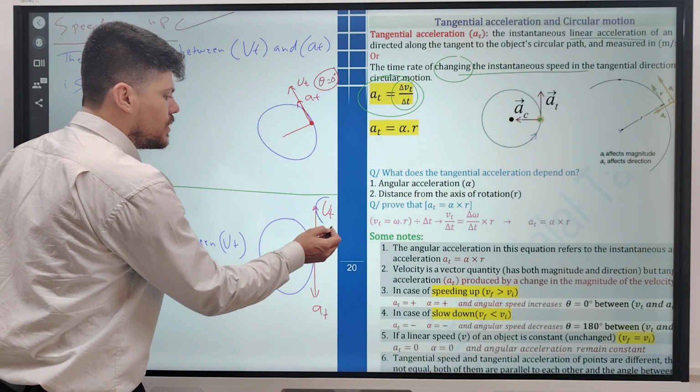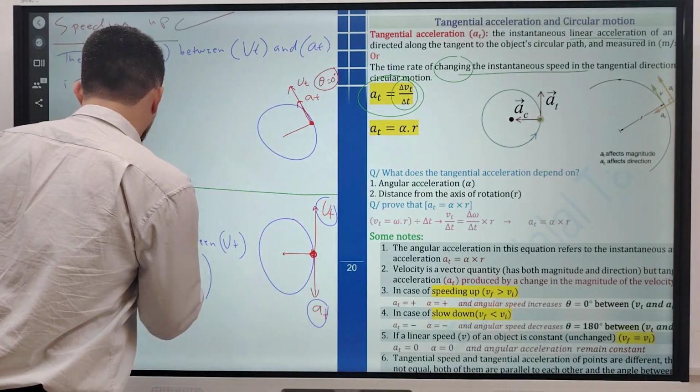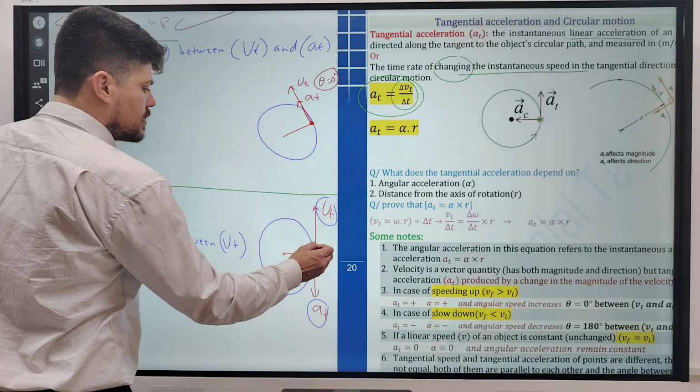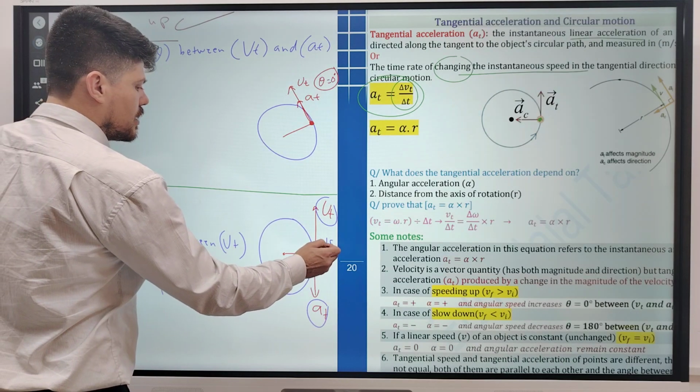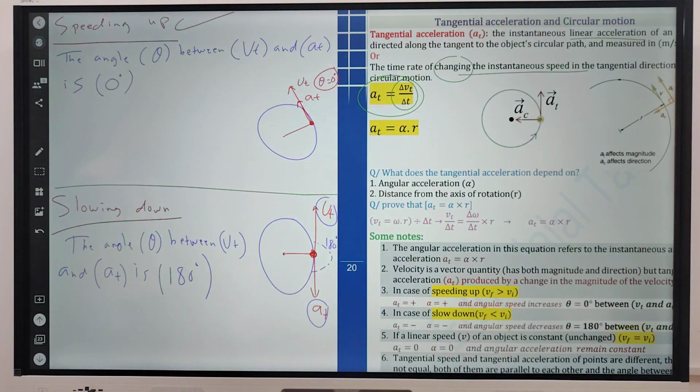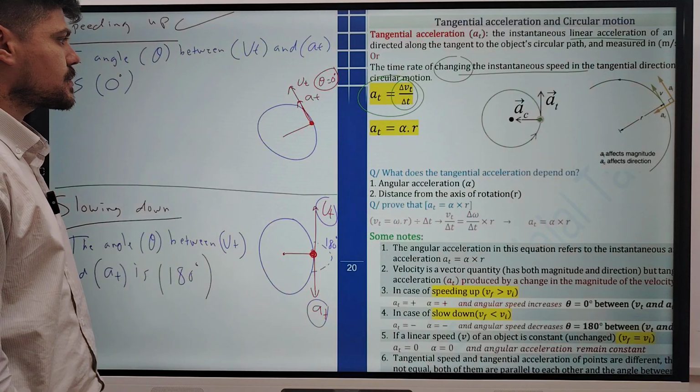What is the angle between Vt and At in the case of slowing down? 180. Okay, so this is a very good point. Be careful.